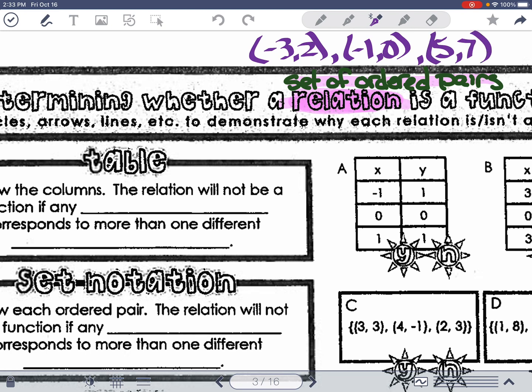These are ordered pairs, and it's a set of ordered pairs, so I'll put set notation around it. They're just dots on a coordinate plane. You could graph all these ordered pairs: (-3, 2) would be somewhere over here, (-1, 0) would be right on the axis, and (5, 7) would be way up here. A relation is just a set of ordered pairs.